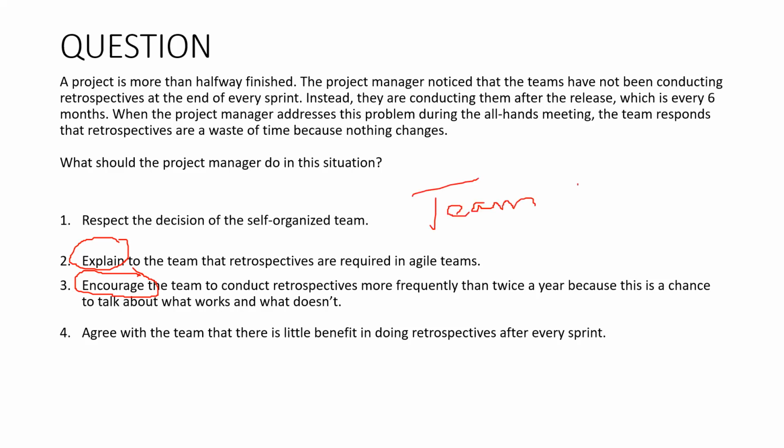Explain. But the team charter was prepared by the team, the conditions were given by the team, right? So will you explain to them or encourage them? Encourage them. We will always encourage the people, because explaining is like passive listening. I'll be listening from one ear and putting it out from the other ear.